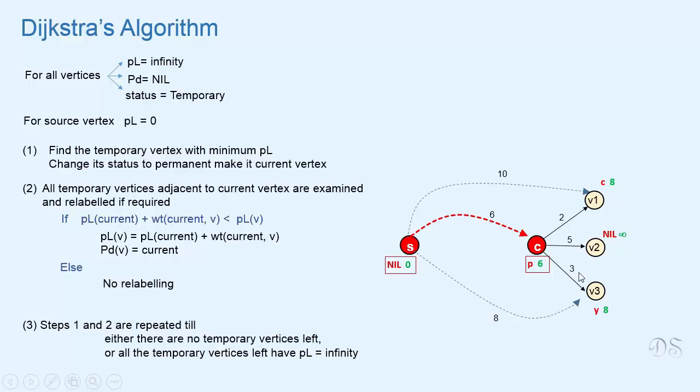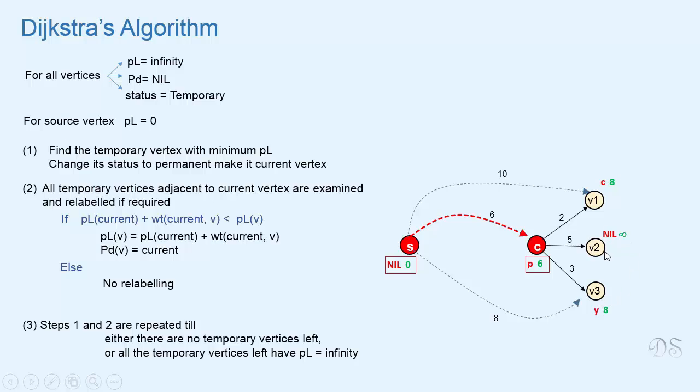Now 6 plus 3 is greater than 8. So this condition is not true. So there is no relabeling required for this vertex V3. It means that using this vertex C, we did not get a better path to vertex V3. This path was of length 8 and the path that we get using this vertex C was of length 9. So we did not change the label of this vertex V3.